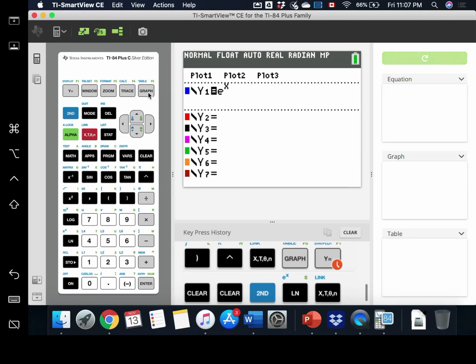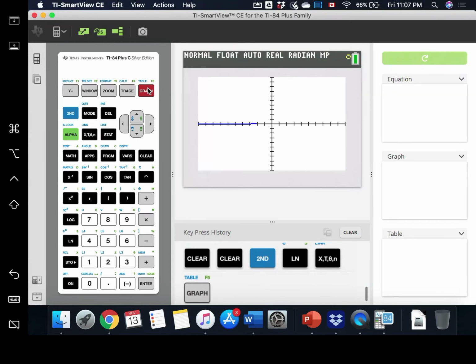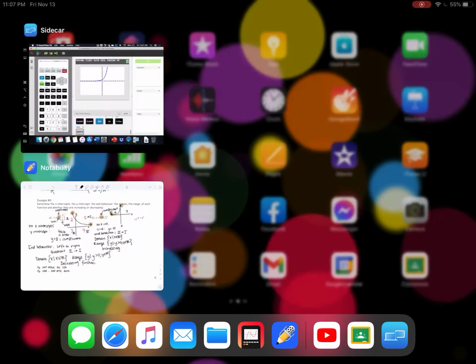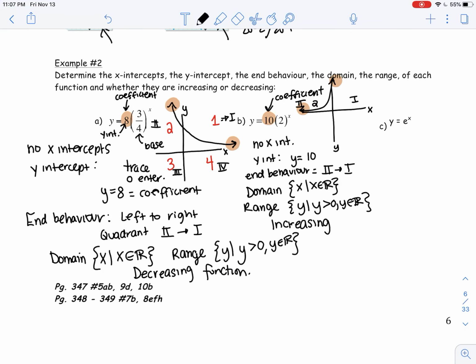We're going to keep that same window. Once you have e to the power of x in there, now just graph it. Once you have it graphed, I want you to sketch what you see in your graphing calculator. Go to your notes and sketch that picture.